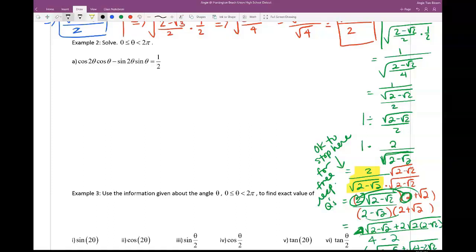So what do I mean by that? I mean by cosine of alpha times cosine of beta minus sine of alpha times sine of beta. This is an identity for cosine. Would you agree? It's cosine of alpha plus beta.